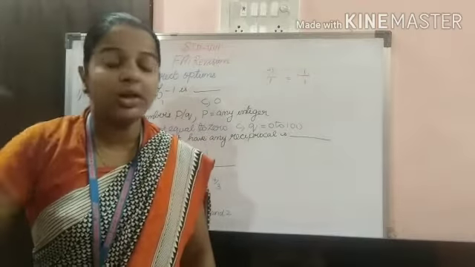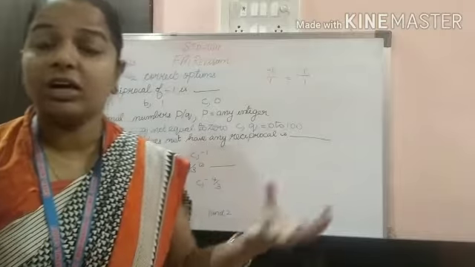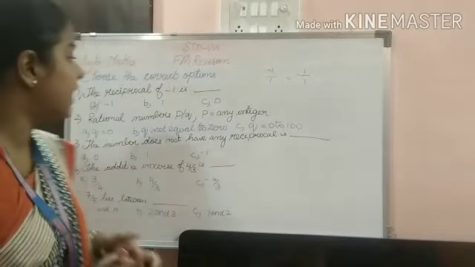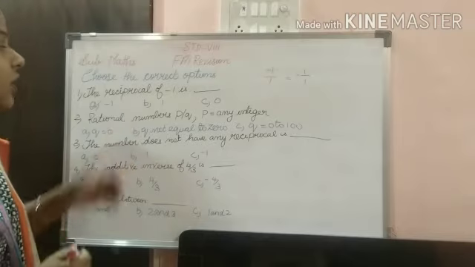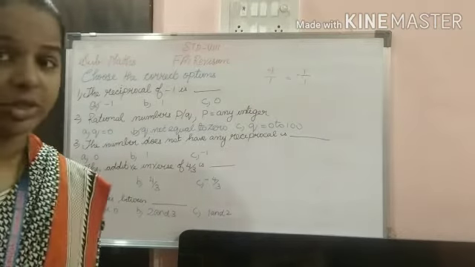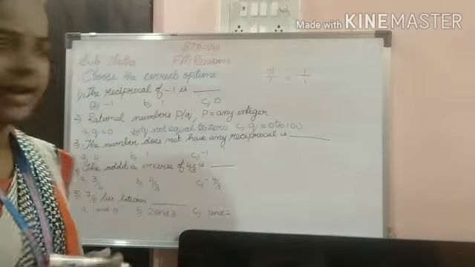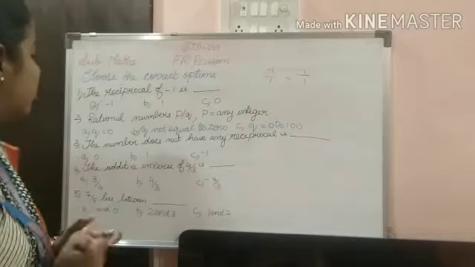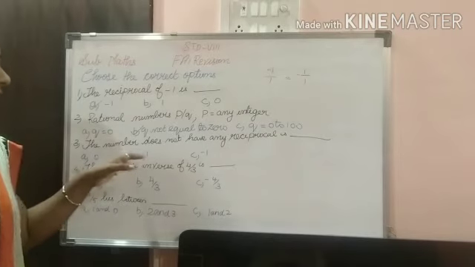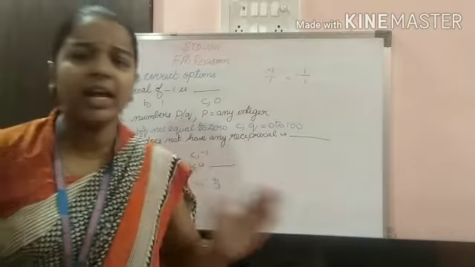So you have to recollect the properties of the integer. In that, where Q is not equal to 0, there is one option that says Q is not equal to 0. Understand students?